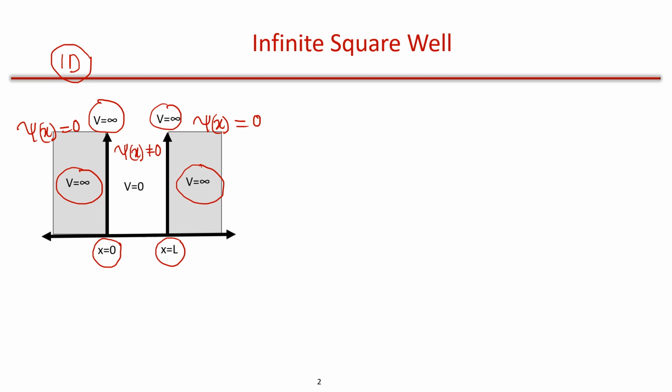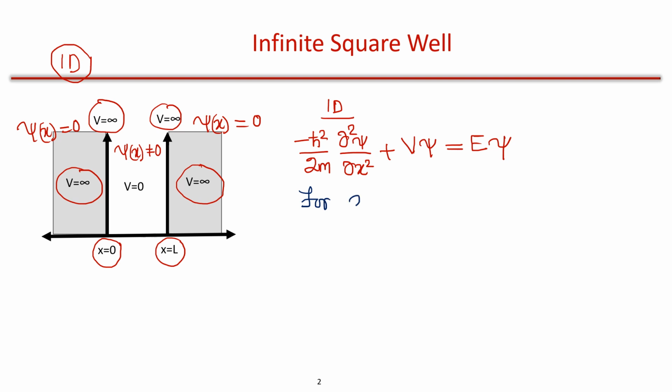So inside the well in one dimension we can write the Schrodinger equation: minus h cross square by 2m del square psi by del x square plus V psi is equal to E psi. As inside the well, that is for x greater than 0 and less than L, V is equal to 0.